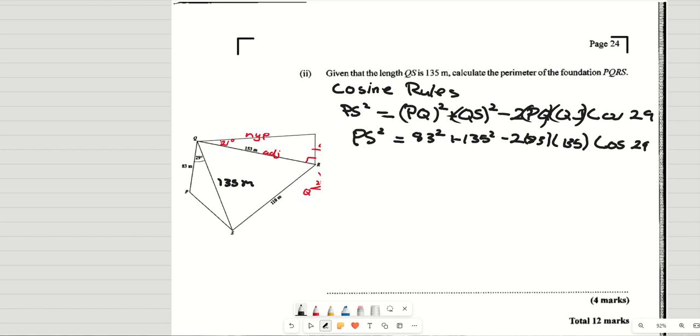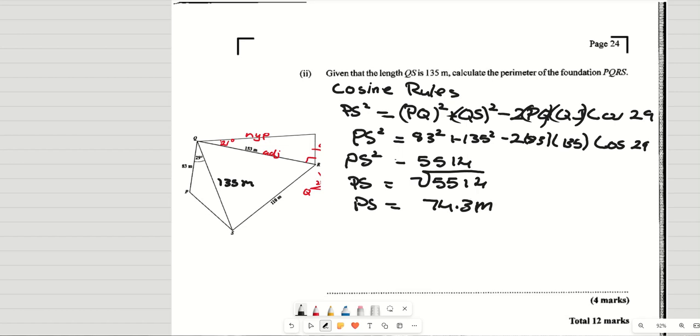When you put this in your calculator, you'll get PS squared equals 5514. But you don't want PS squared, you want PS. So if you carry across, squared turns to the square root of 5514. So PS is equal to 74.3 meters.